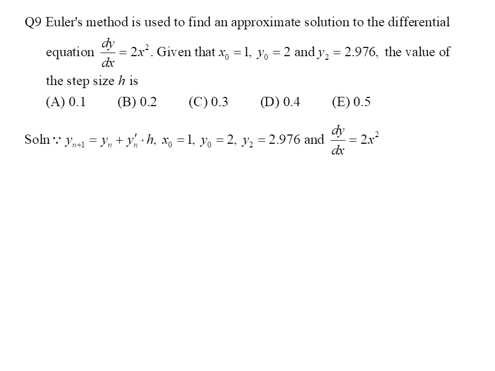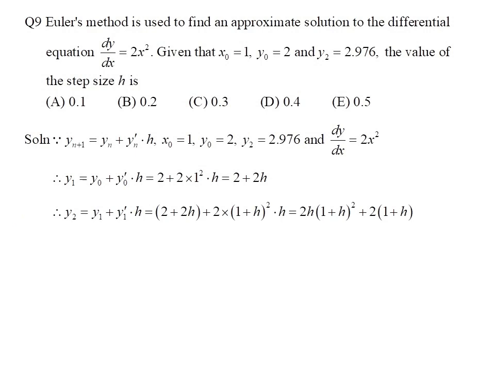According to Euler's method, we have y(n+1) equals yn plus yn prime times h. This gives y1 equals y0 plus y0 prime times h, which equals 2 plus 2 times 1 squared times h, simplified to 2 plus 2h.